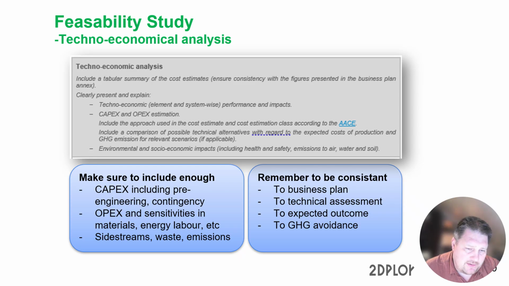Your operational expenditures, the OPEX, may have several sensitivities. For instance, the value of raw materials can change over the project period. Power costs, logistic costs, labor costs, etc. Financial, the currency can change.